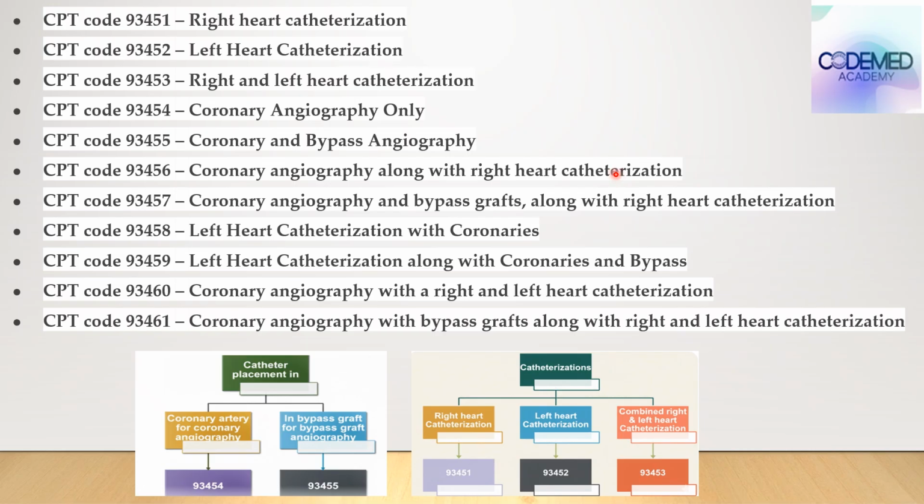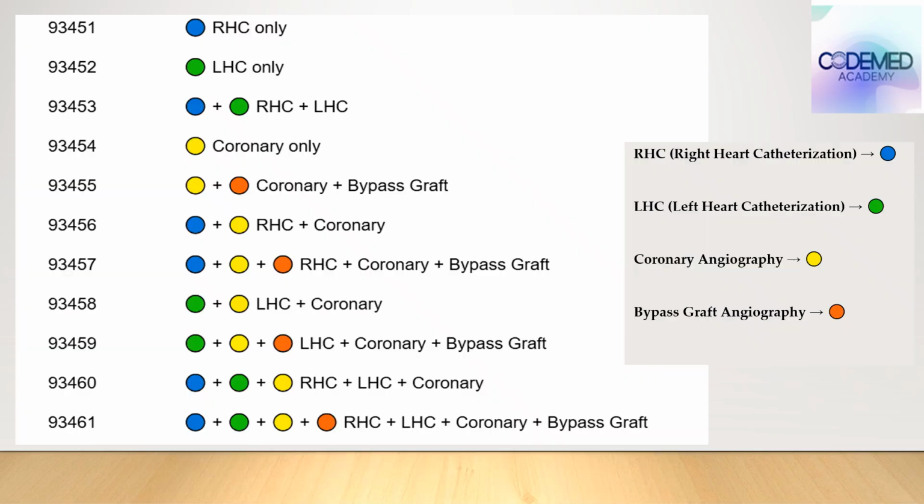So you will understand what has been done in the patient and then accordingly you will pick the code. And remember that whenever there is a combo code, we will choose it over the single code. So the parenthetical note below every code is very important. Pay attention to that, and that will help you to narrow down a lot of answers. So this is just a flow chart which I have given that will help you to understand what has been done for that code.